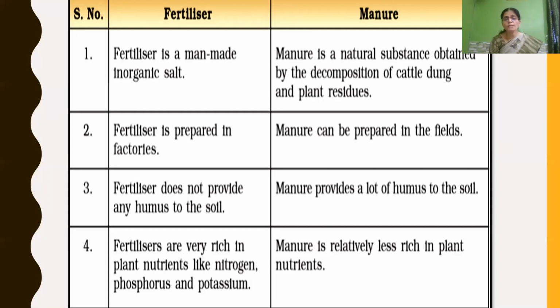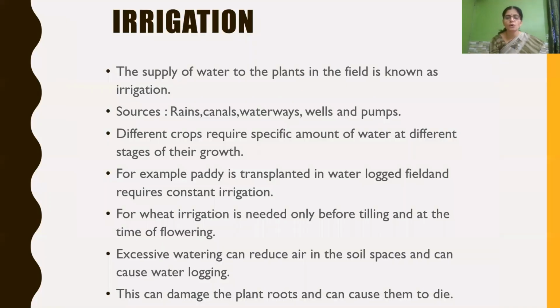But continuous use of fertilizer, as it is made of chemicals, leads to infertility of the soil. But manure does not affect the fertility of the soil. On the other hand, as it contains humus, it improves the fertility of the soil.